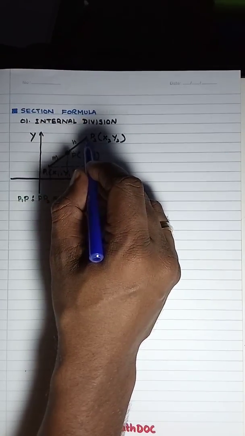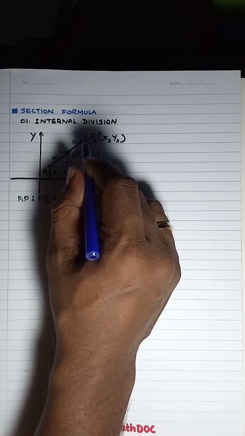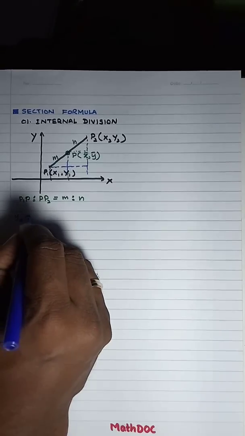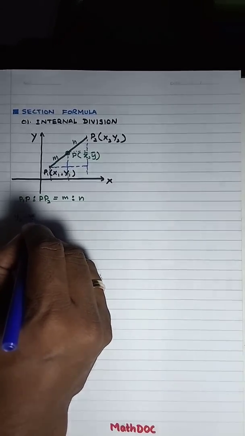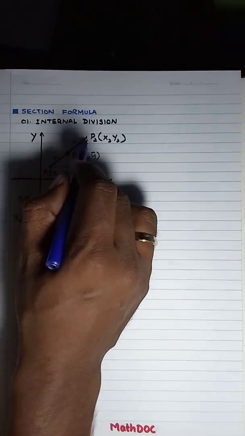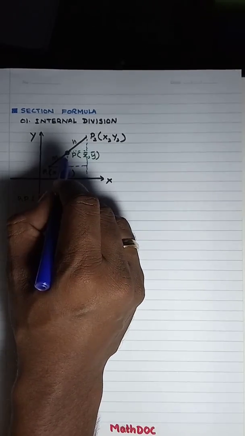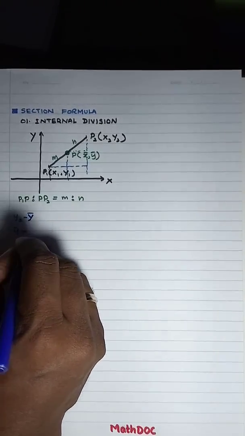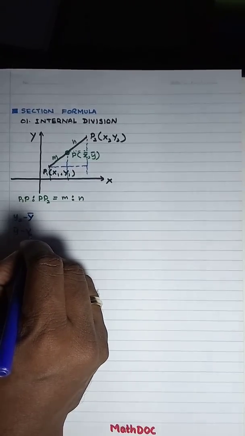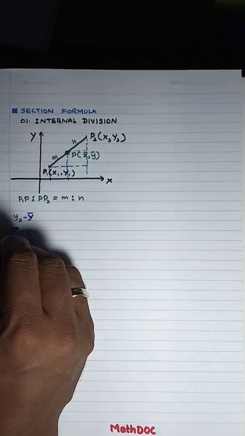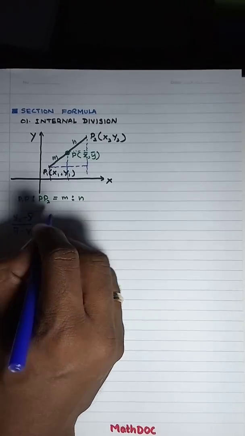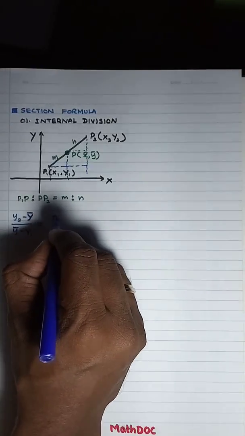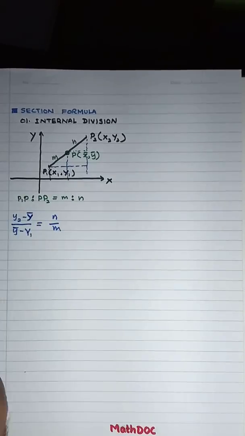Therefore, this length we can write as y2 minus y bar, and this length as y bar minus y1. The division equals n over m.